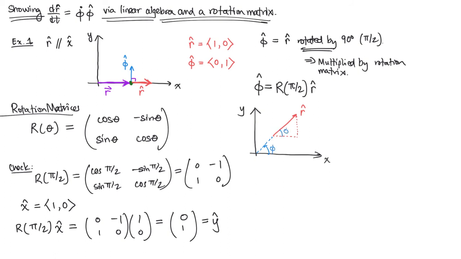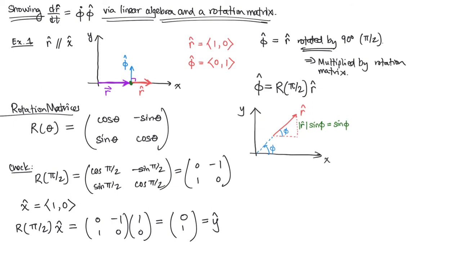So I should be able to break down the r hat vector into its components. The vertical component would be the magnitude of r, the length of the hypotenuse, times the sine of phi. But since the magnitude of r is just 1, the vertical component would then be sine of phi.